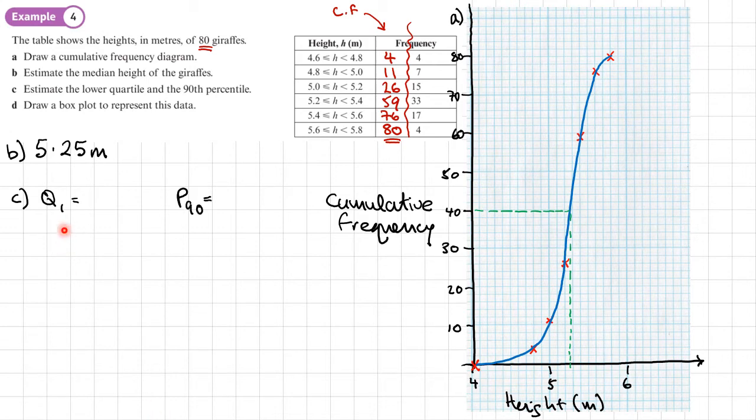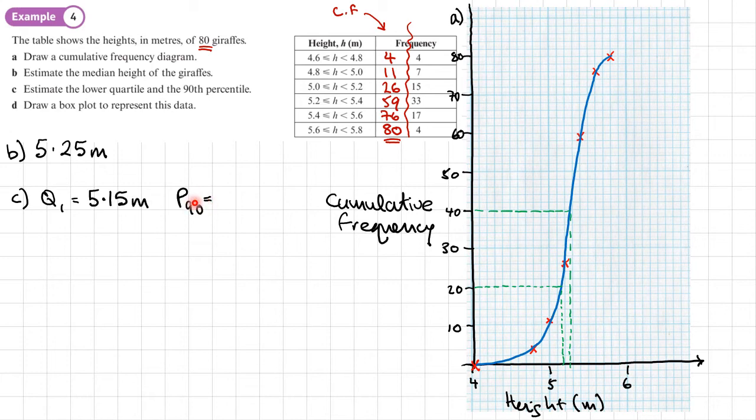Now Q1 is going to be a quarter of the way up, a quarter of 80. So that's 20. So let's read that off there and go down. So on my graph, that's about 5.15 meters.